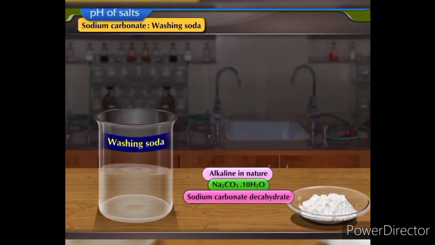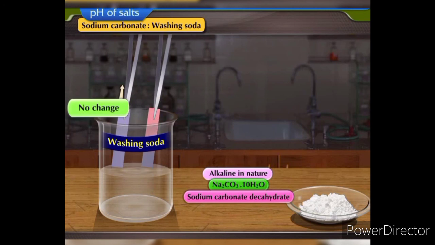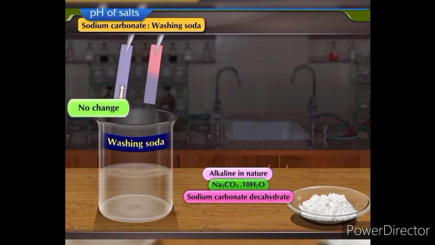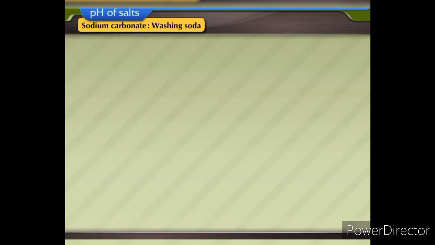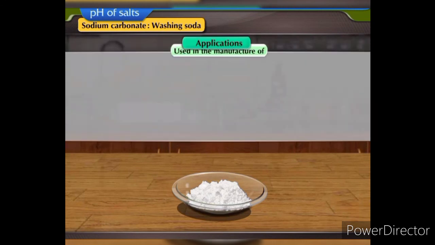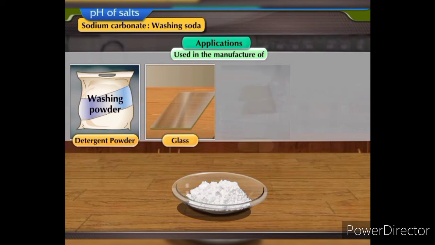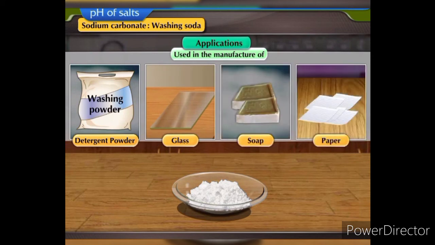If we test a solution of washing soda with blue and red litmus papers, blue litmus paper does not show any change, while red litmus paper turns blue. Washing soda has various applications. It is used in the manufacture of detergent powder, glass, soap, and paper.